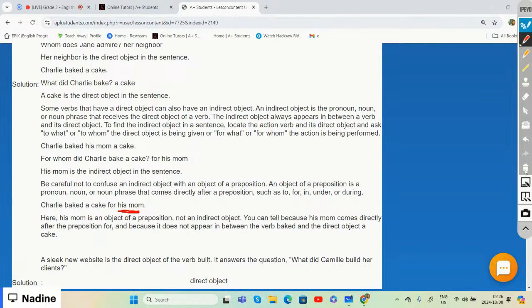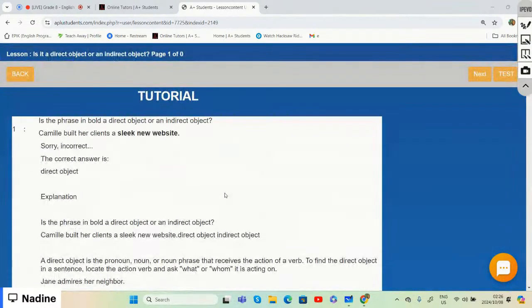Right. So now we're going to do a few activities and then we are going on to our test. We need to say, is it a direct object or an indirect object?